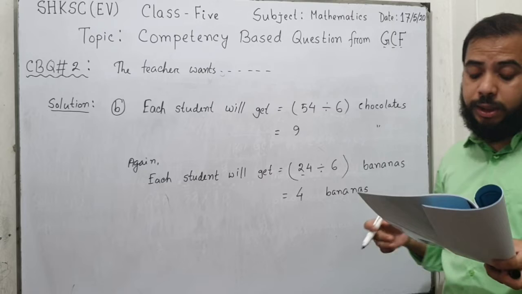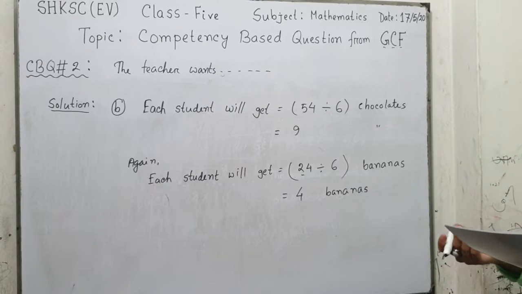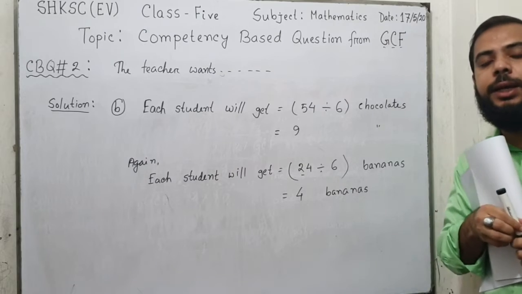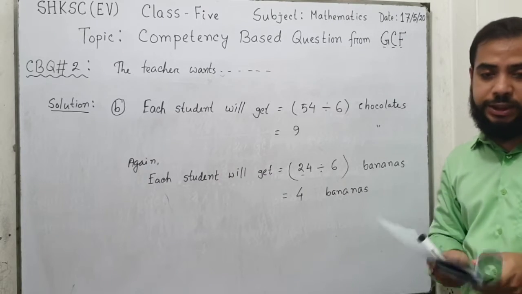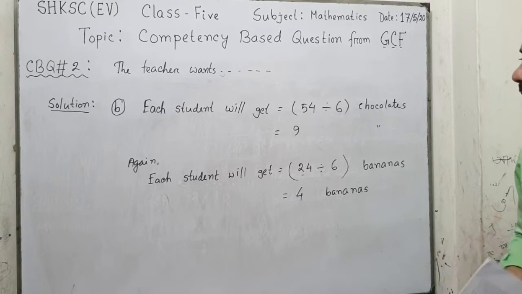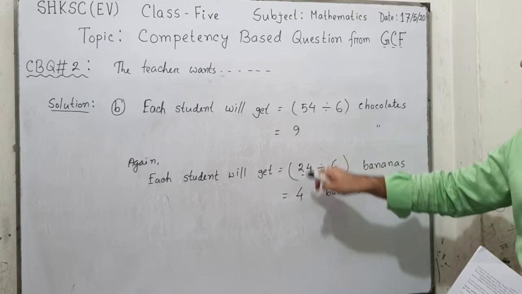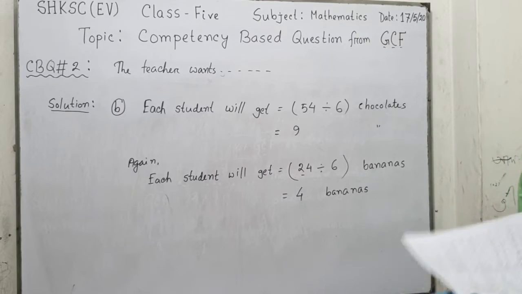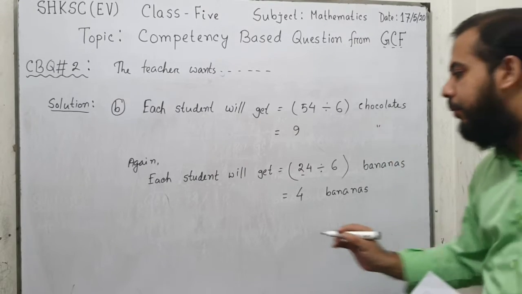But the question, read the question again. How many more chocolates will a student get? In class I always say that when any question asks how many more or how many less, we need to find the difference. So how many more chocolates? We have to subtract.